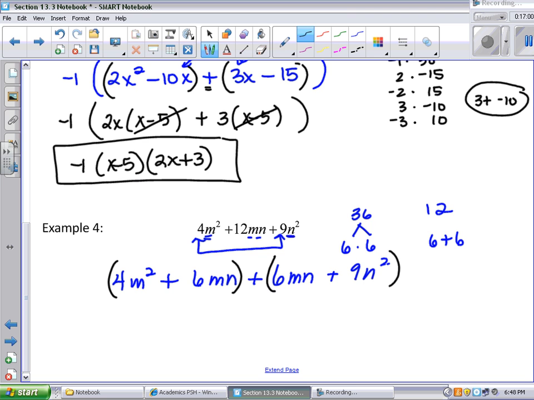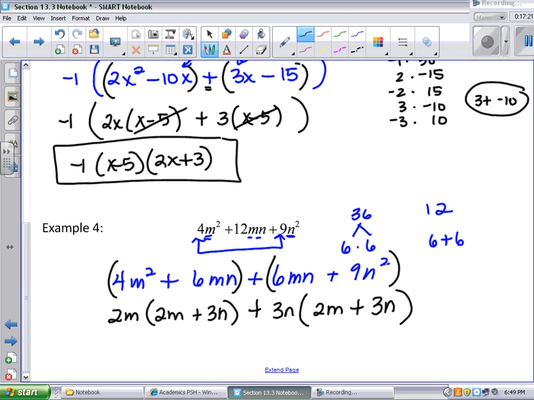Factor out the greatest common factor for each group. First group, common factors are 2 and m, leaving me with 2m plus 3n. Plus, second group has a common factor of 3n, and what's left is 2m plus 3n.